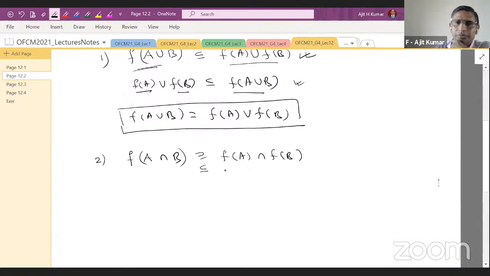Again, one part is very easy. Can you quickly look at whether this is true or not?